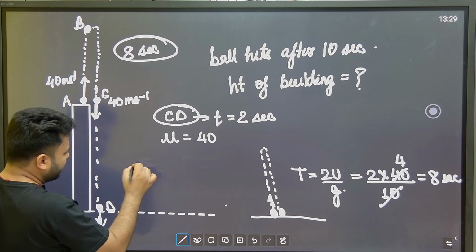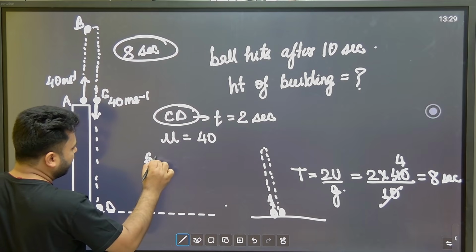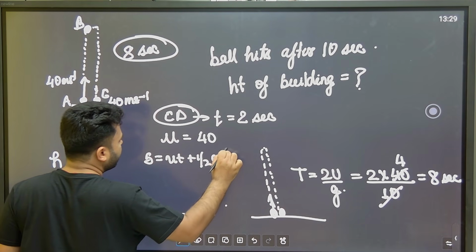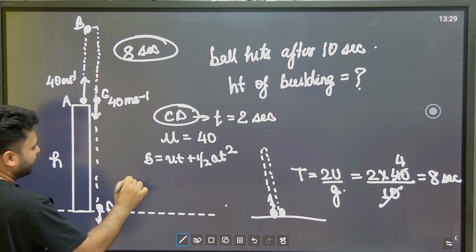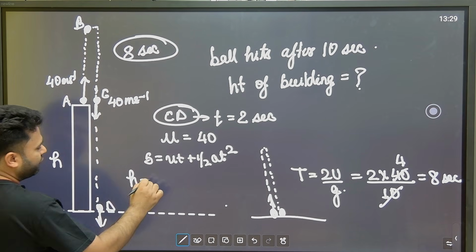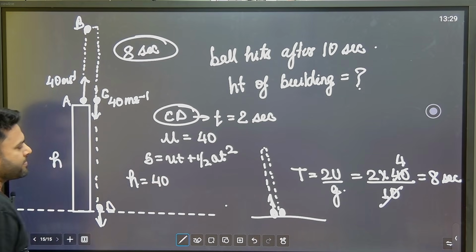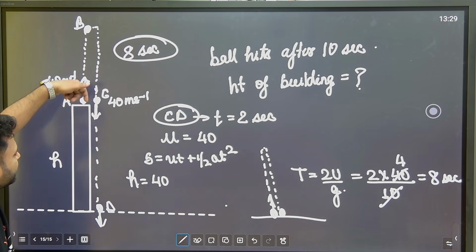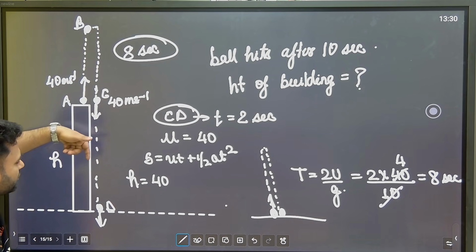So can I write this distance s equals ut plus half at square? Can I solve by this formula? What is the distance? That is the height of the building, h. What is the initial speed? 40. And will I take plus 40 or minus 40? Plus 40. Why? Direction of motion is down only. Speed is also down.